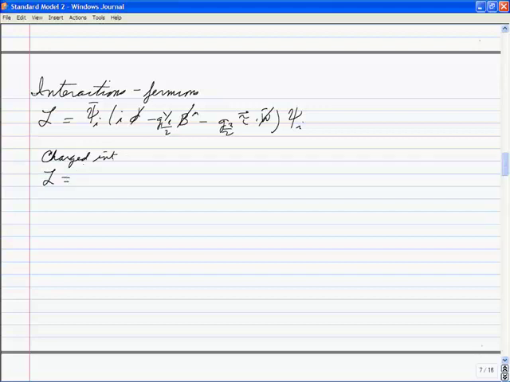L looks like g over the square root of 8, W plus μ J charged μ plus Hermitian conjugate, W minus.